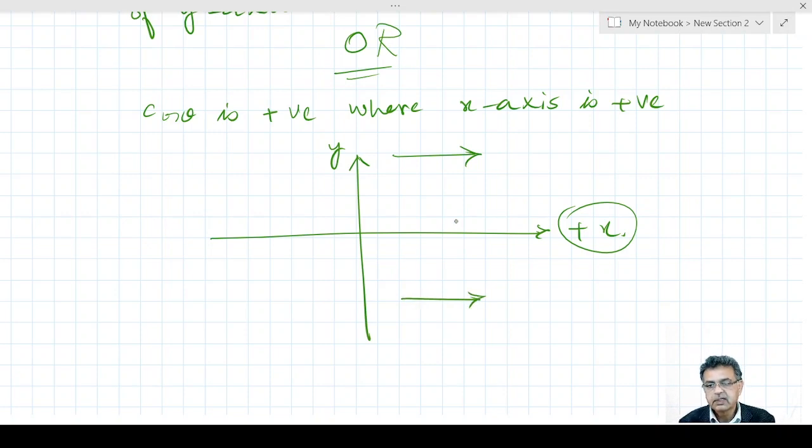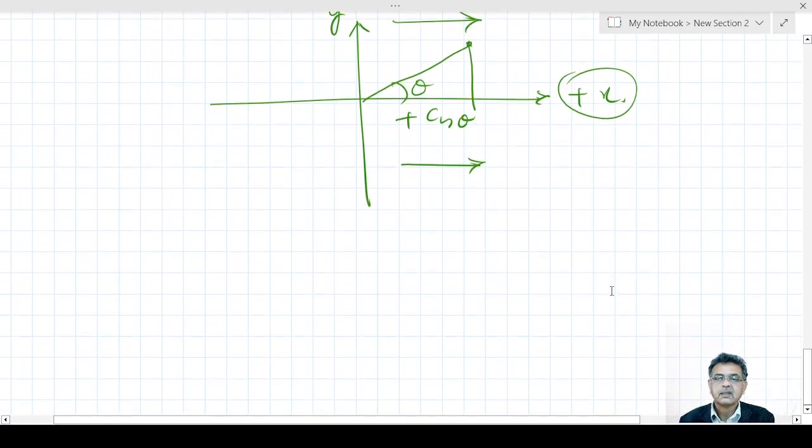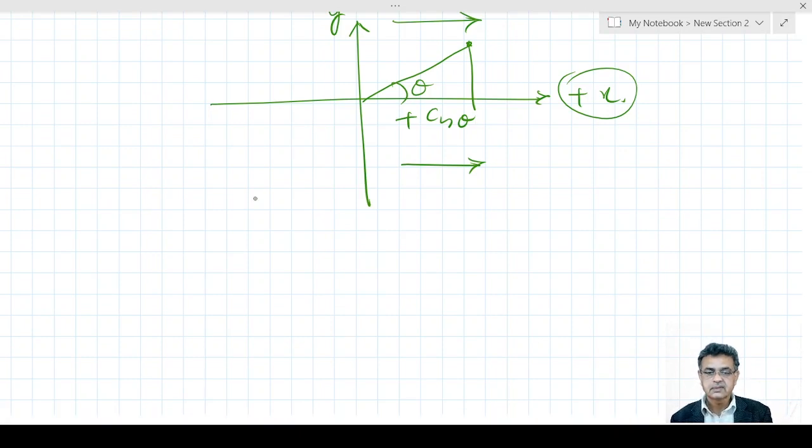So wherever there is a point making an angle with the origin, for this angle cos theta is positive because for all these points x is positive, and on the left hand side it would be negative.